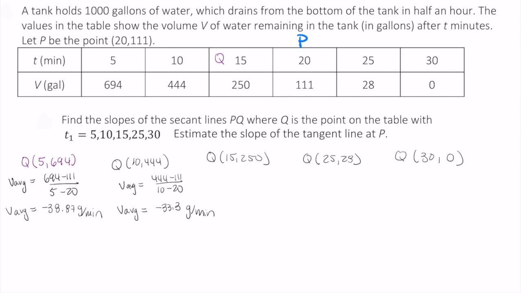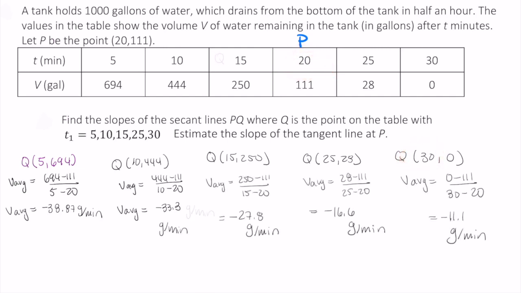So please pause the video and try to estimate the average rate of water loss during these time periods. So that is between 15 minutes and 20 minutes, between 20 minutes and 25 minutes, and between 20 minutes and 30 minutes.